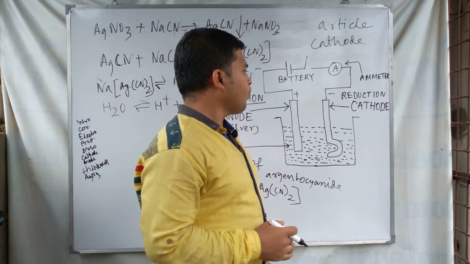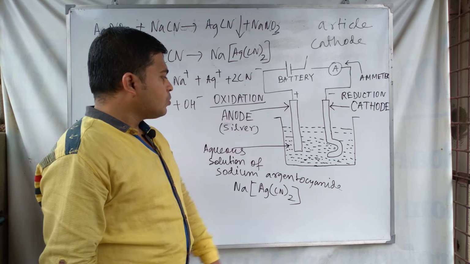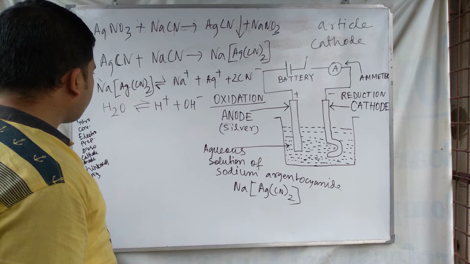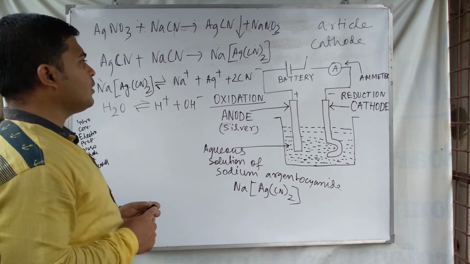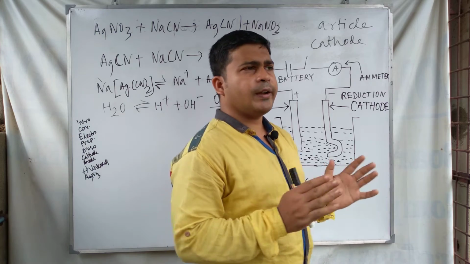These two, water and sodium argentocyanide, are taken here. So right now we discuss the cathode reaction and anode reaction. What type of reaction is occurring at cathode and anode?